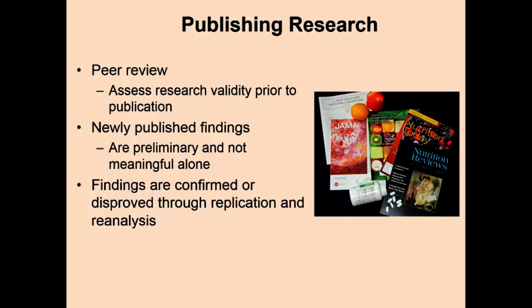So if a researcher submits their work and those who are reviewing it find problems with the research method used or the statistics, how they were analyzed, they are going to deny the publication of that study.